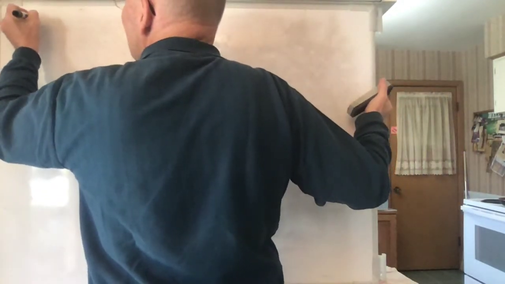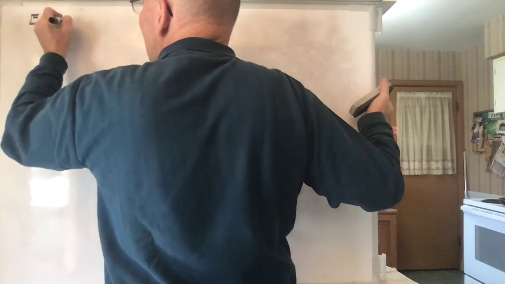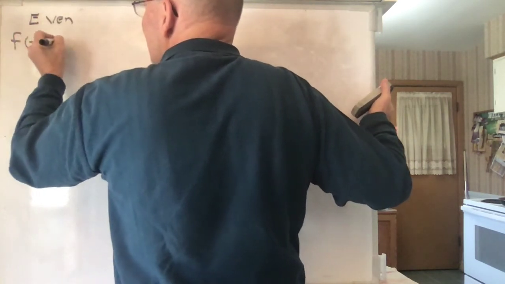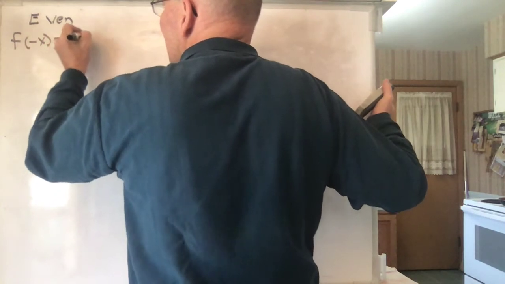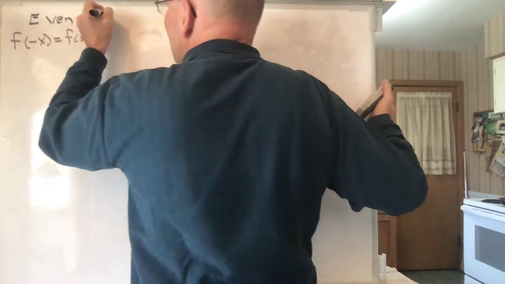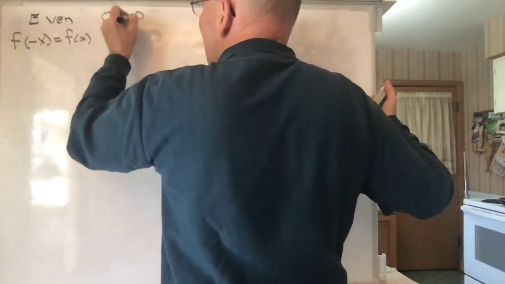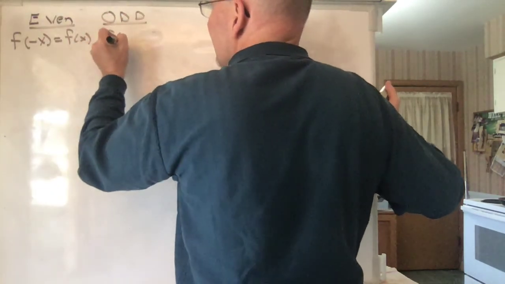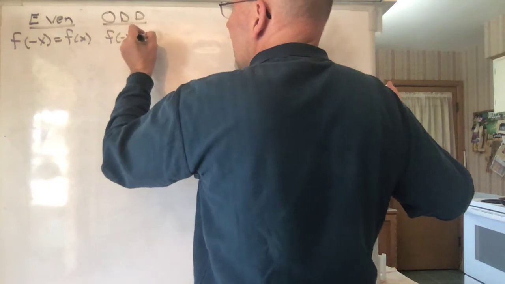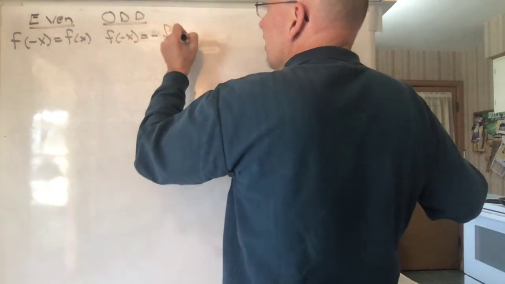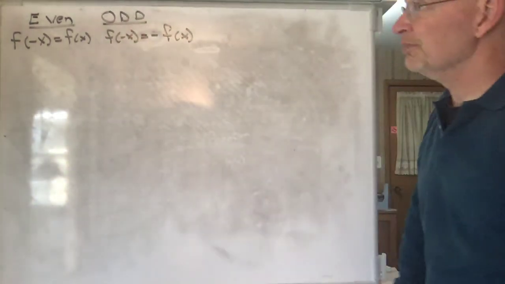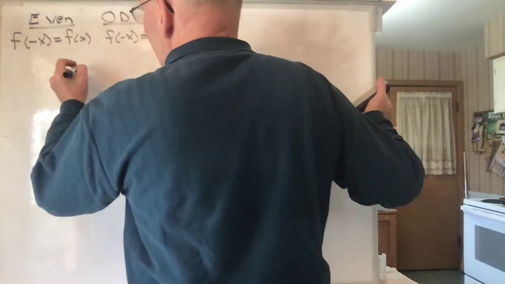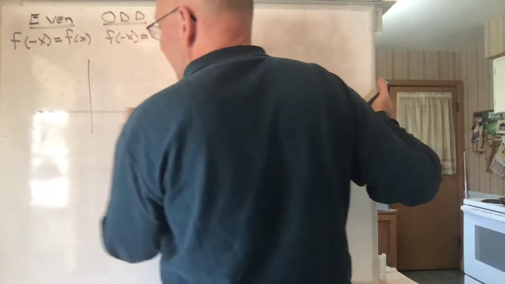So even: f of negative x is equal to f of x, and odd: f of negative x is the opposite of f of x. So I gave you a bunch of examples, but we could draw other examples that would be similar.